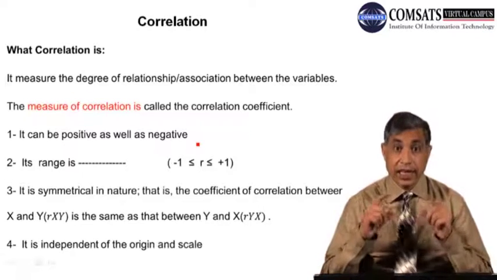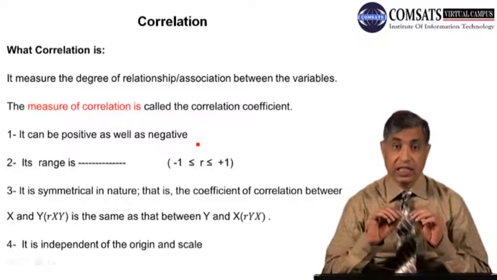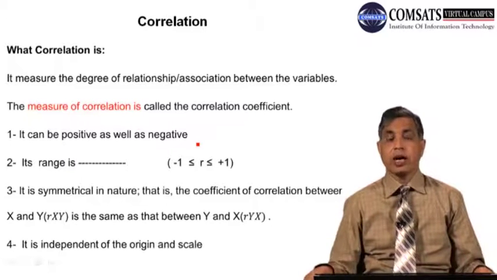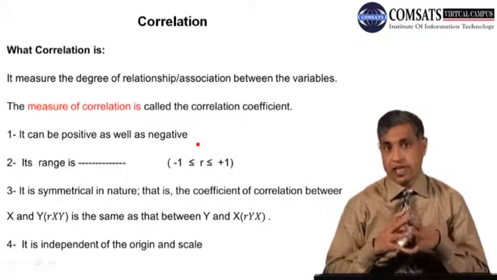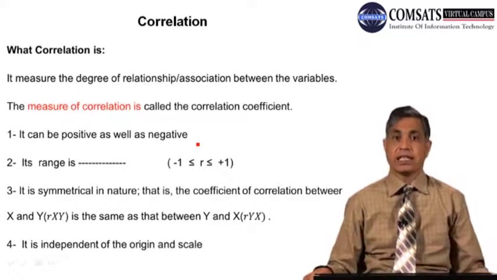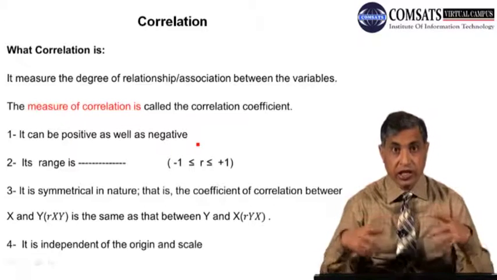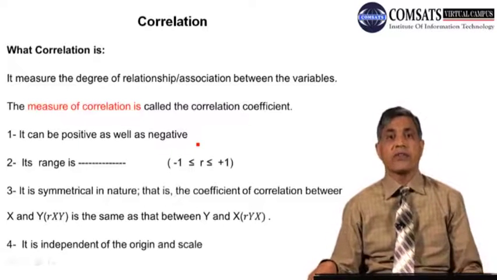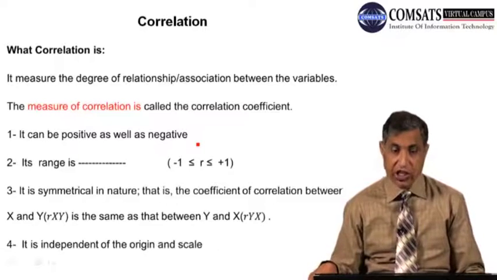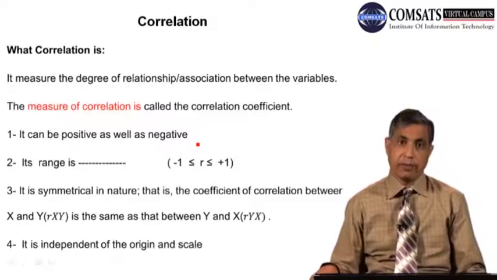So it measures the degree. I am emphasizing the word degree. It will tell us how much the variables are associated with each other, whether they are associated strongly, or there is a very weak or even no correlation between the variables.